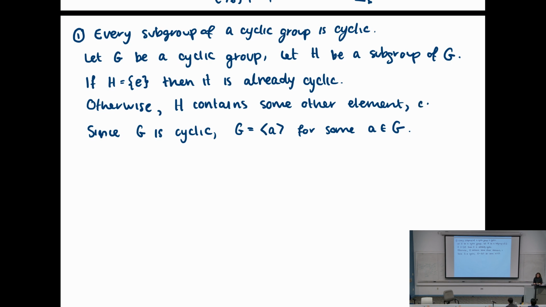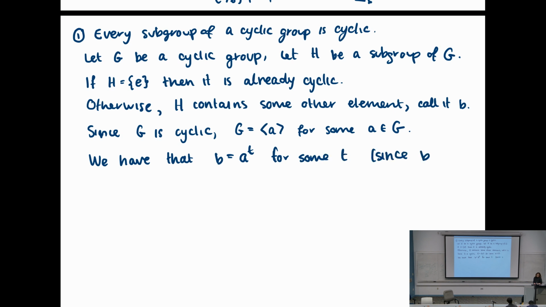Let's call this other element B for the moment. So we have that B is equal to a to the t for some t, since B is in the group G, which is generated by A.